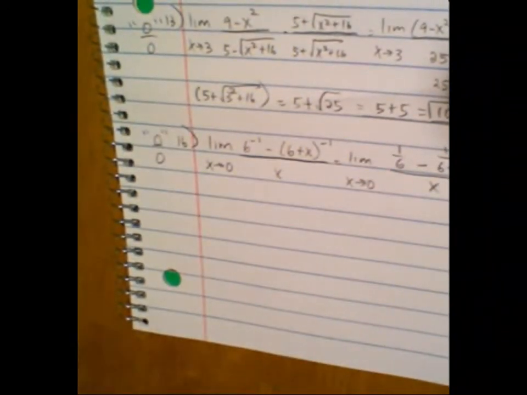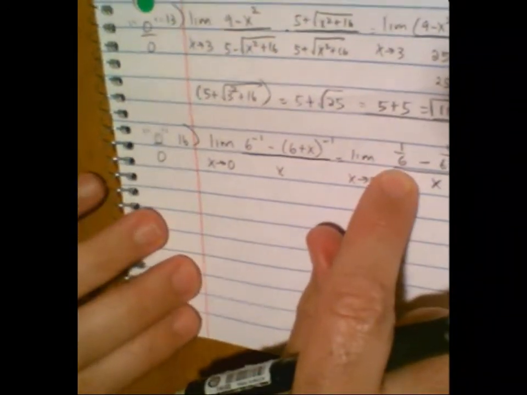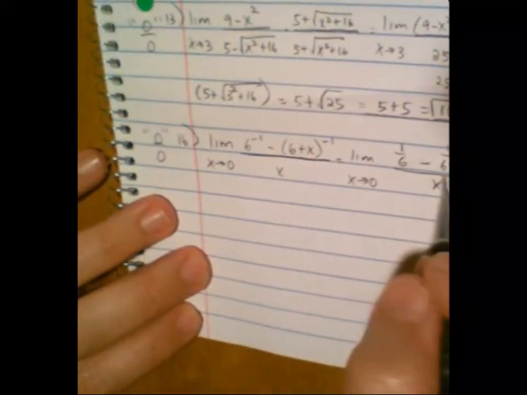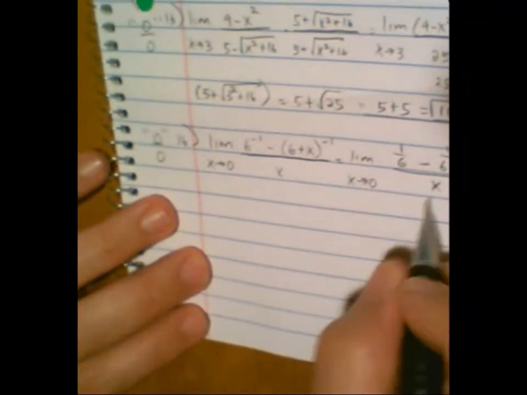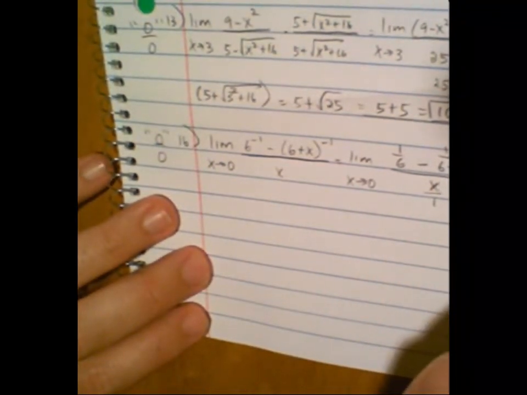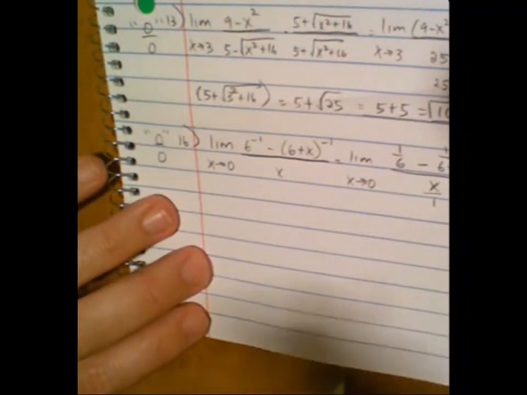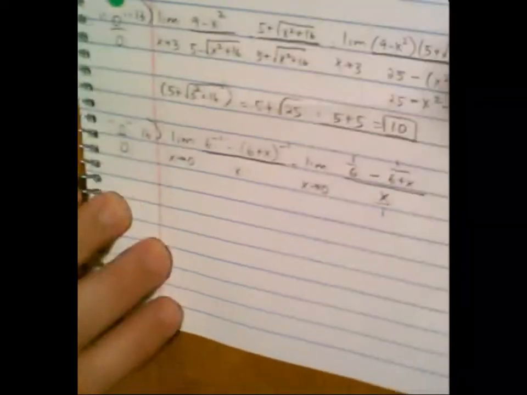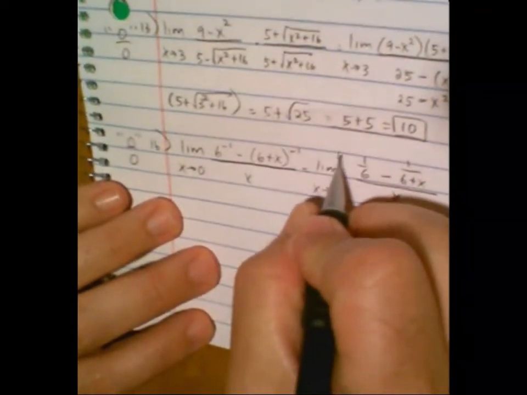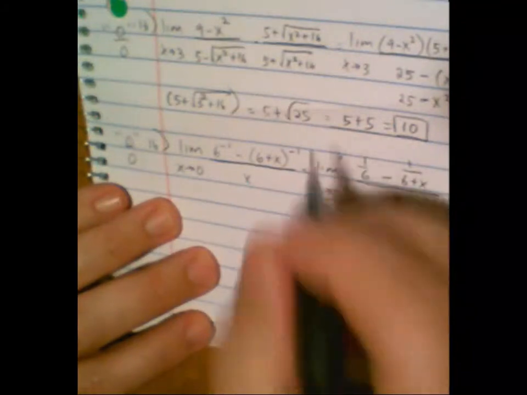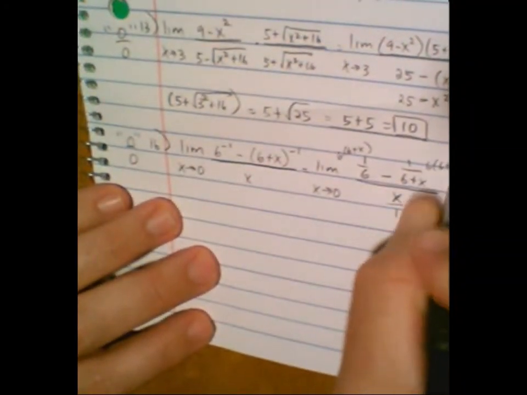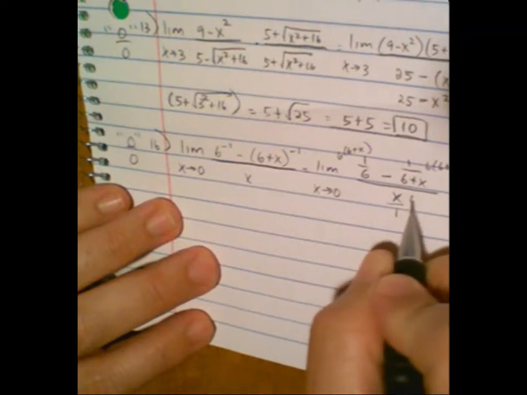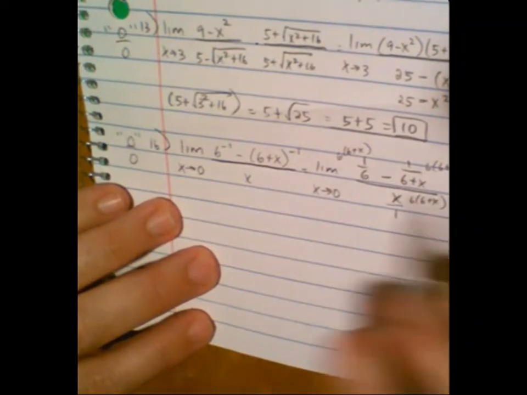So the way we're going to do that is we're going to use the lowest common denominator, which is 6 times 6 plus x. Because this is over 1. So I'm going to multiply by 6 times 6 plus x, over 6 times 6 plus x.